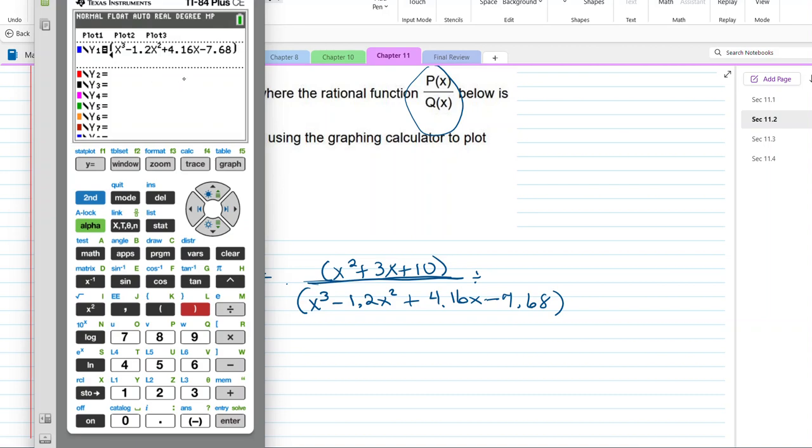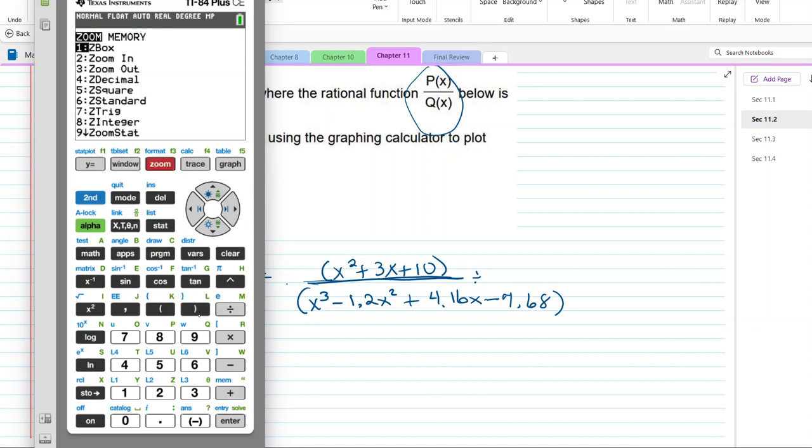All right, I'm making sure it's right. It looks pretty good to me. I'm going to go zoom 6.